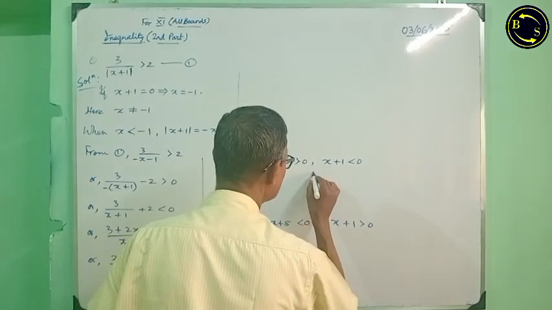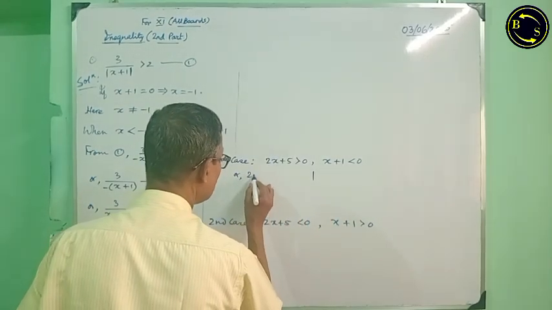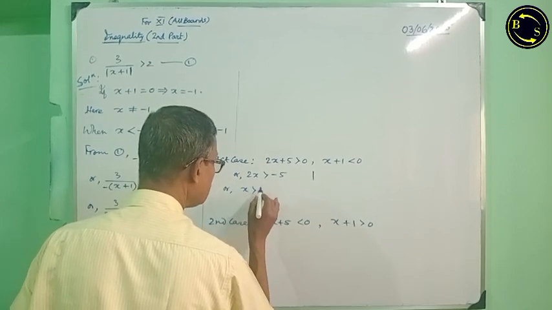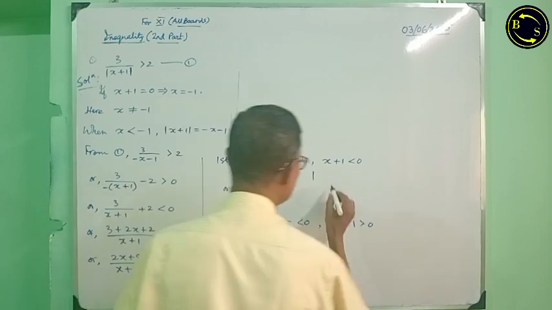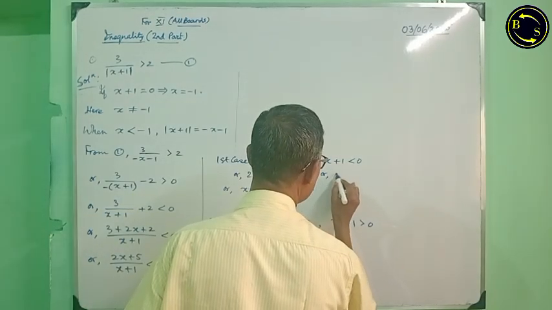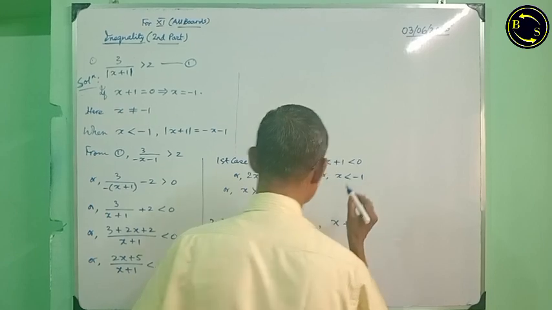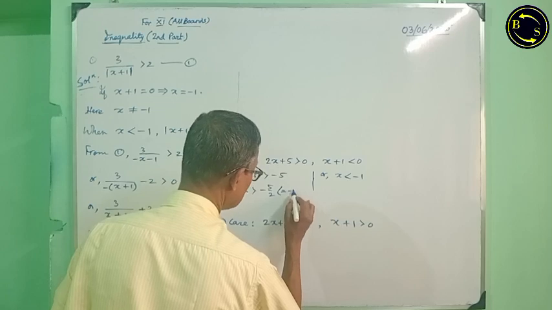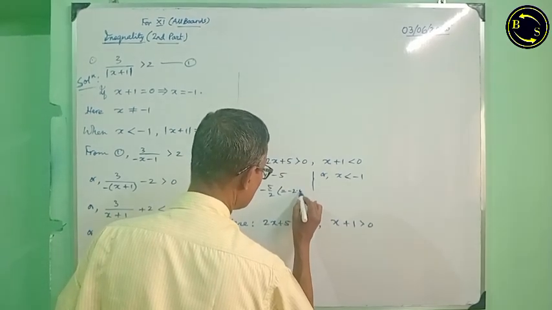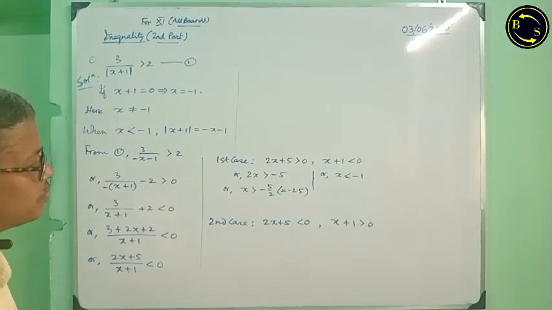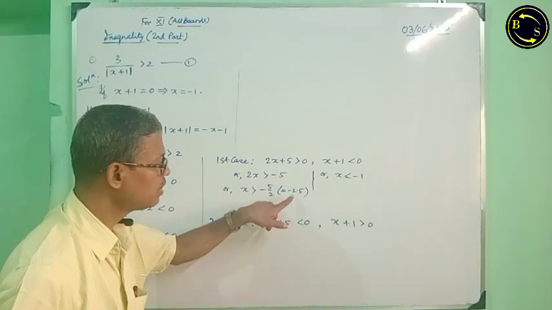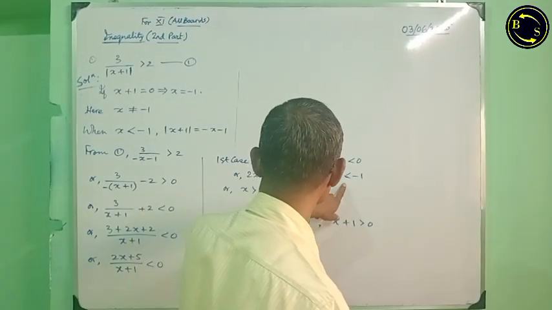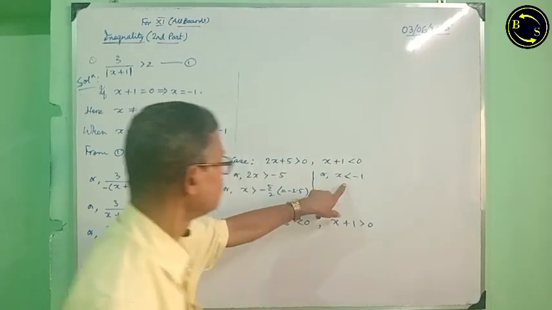Now we solve these two first, or 2x greater than minus 5, therefore x greater than minus 5 by 2. From here, x less than minus 1. This is actually x greater than minus 2.5 and x less than minus 1.